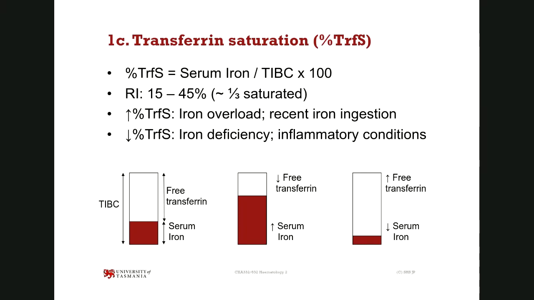So we'll go on and have a look at transferrin saturation now, which is more modern, having said that, it's been around for a long time. It's just that when I was in the lab, we didn't measure transferrin saturation, but that was quite a while ago. So normally there's enough transferrin present in the plasma as apotransferrin to bind 45 to 80 micromoles of iron per litre.